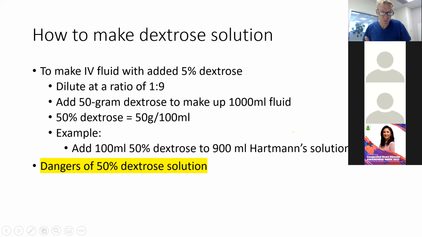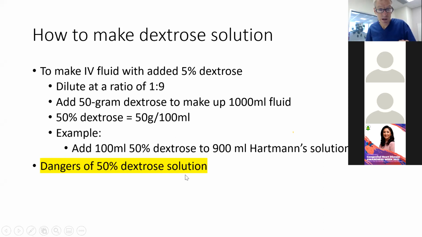It's much better though if you've got Hartmann's solution that contains 5% glucose. When people are ordering fluid, that's what they should be asking for, not plain Hartmann's solution and then add glucose later. The reasons it's better not to add glucose to Hartmann's solution or to normal saline are the risk of introducing bacteria when you're doing so, and also the dangers of having 50% glucose solution around your wards.